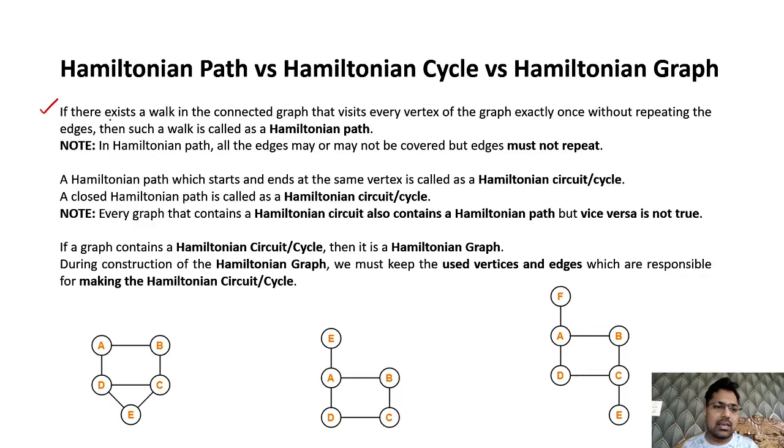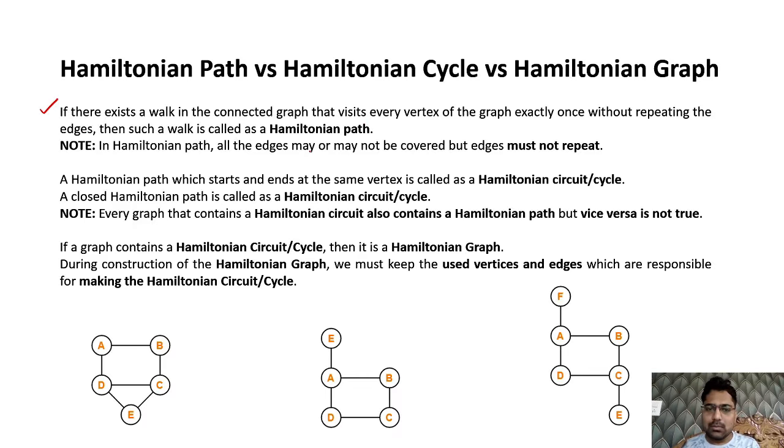It is written that if there exists a walk in a connected graph that visits every vertex of the graph exactly once, we will cover all the vertices exactly once, and repeating is not possible. Exactly once, without repeating the edges, then such a walk is called a Hamiltonian path.